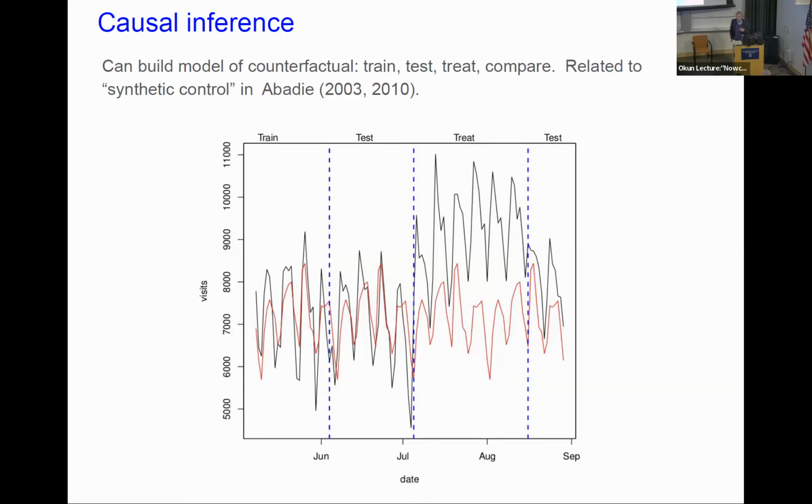Those people had the treatment, this metric, click-through rates or whatever it is, went up dramatically. And then we turn off the system, we advertise less, and it goes back down to where it was. Okay, so you've got this really nice picture where we've got train, test, treat, and then maybe another test if you've got something going on at the end of the period.